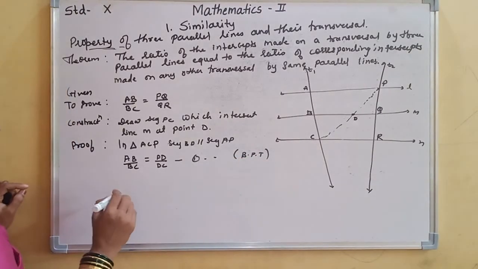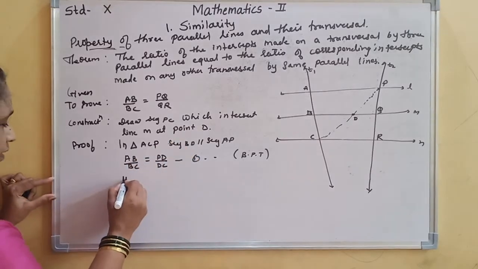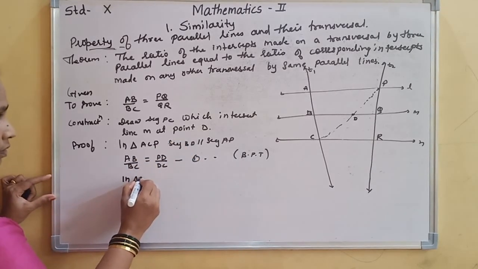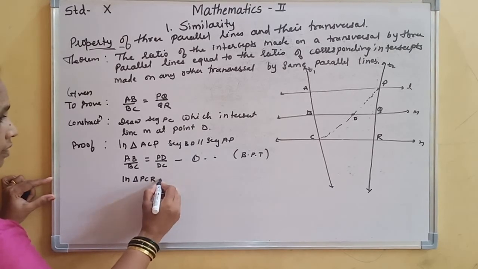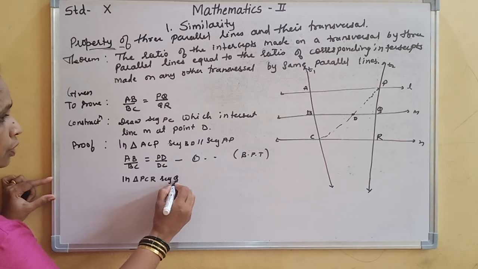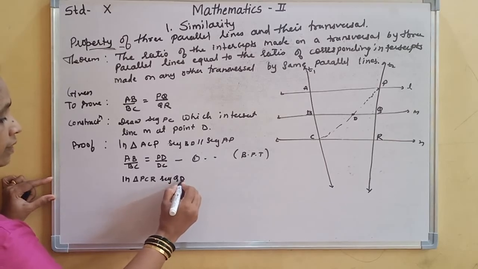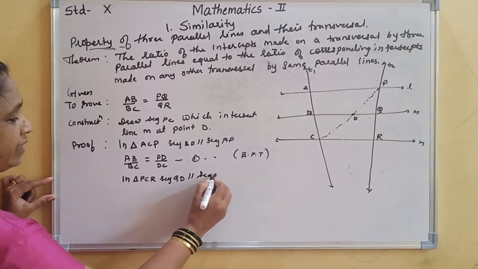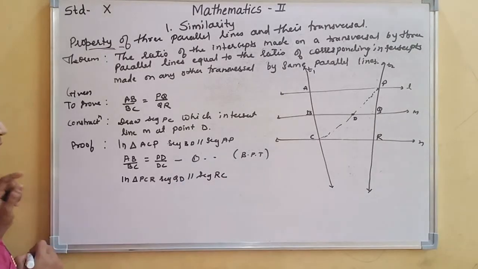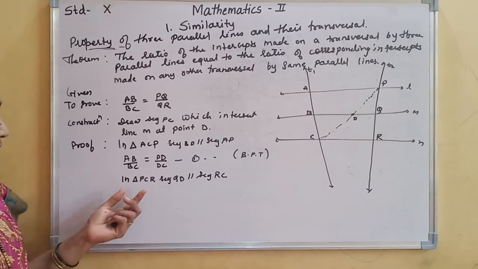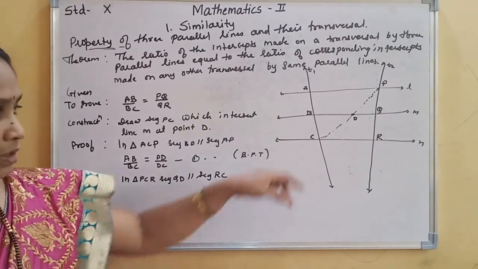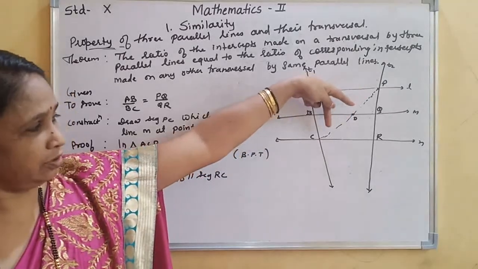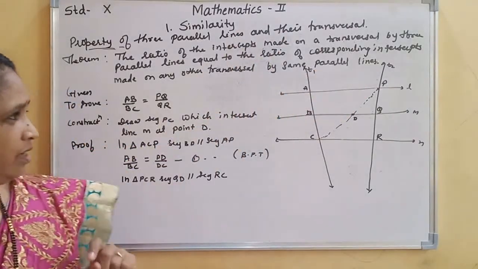Now next we have to consider a triangle. In triangle PCR, segment QD is parallel to segment RC. Okay, if it is parallel, then we know that in the triangle this divides the sides in the same ratio.